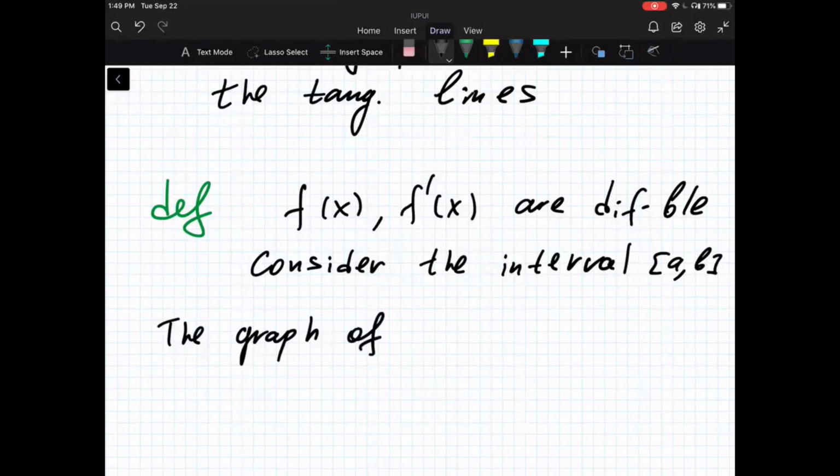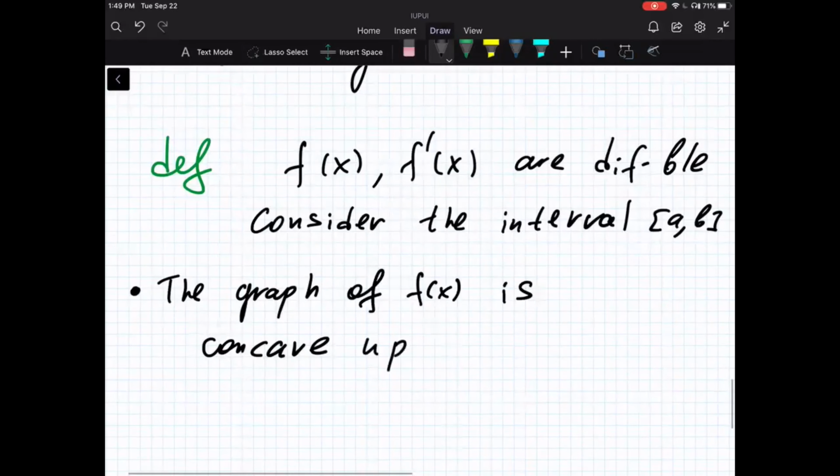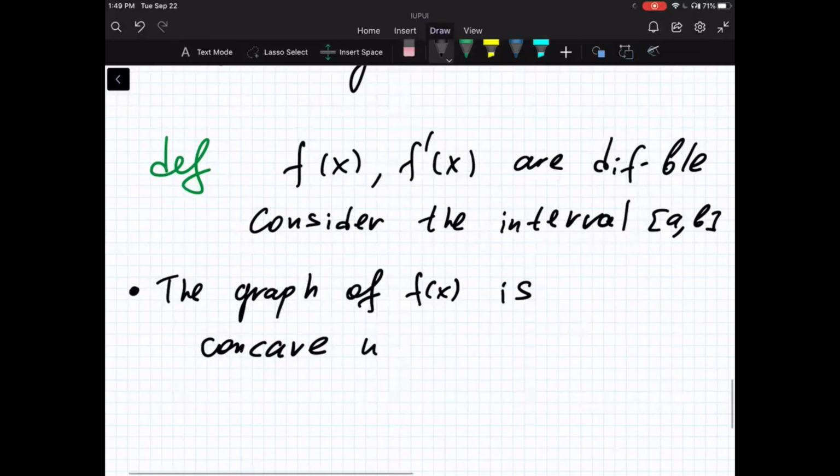The graph of f of x is concave up. Again, up means that your graph is above the tangent line. That's why it's called up.